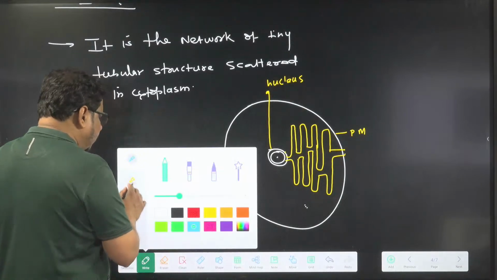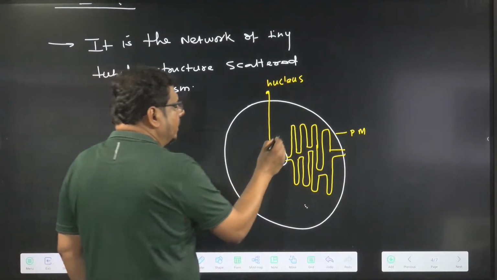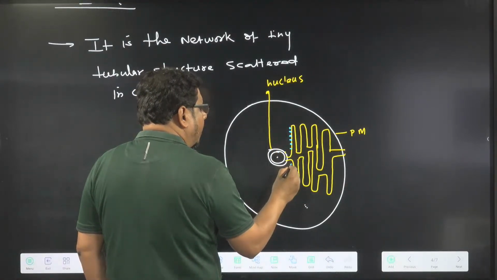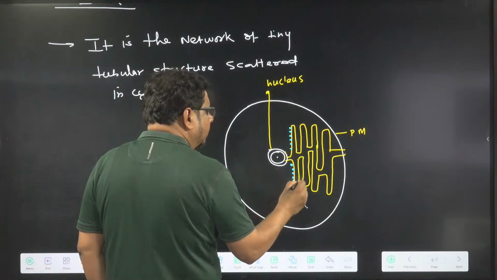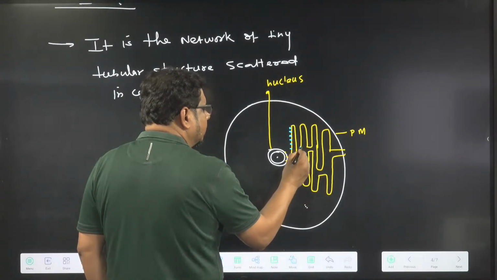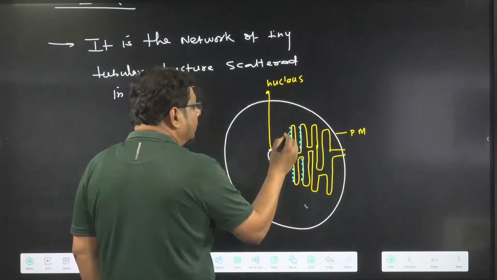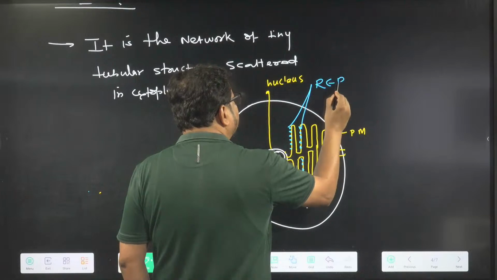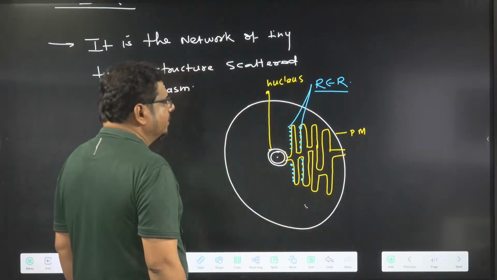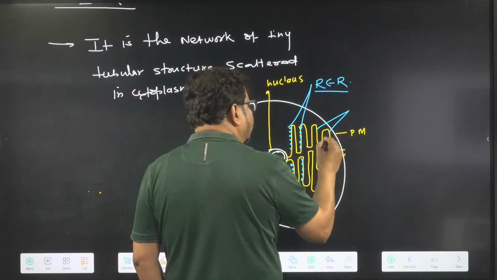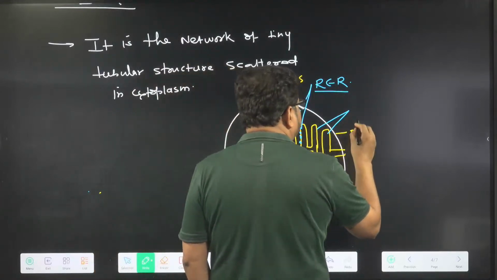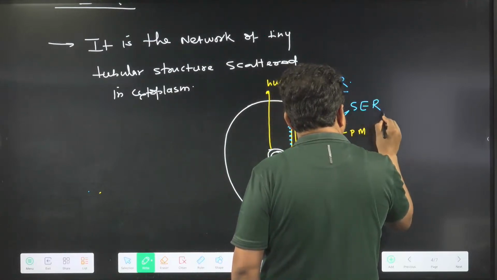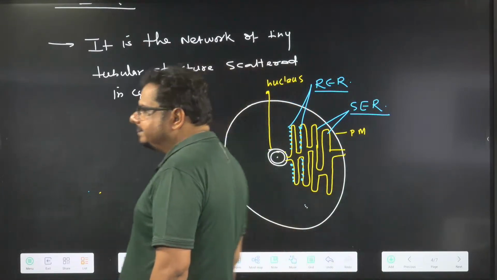If you look very carefully at the endoplasmic reticulum, you will find that the part of ER near the nucleus has a rough or granular surface due to the presence of ribosomes, and it is called rough ER, rough endoplasmic reticulum. The part toward the plasma membrane has no ribosomes, and that is called SER, smooth endoplasmic reticulum.